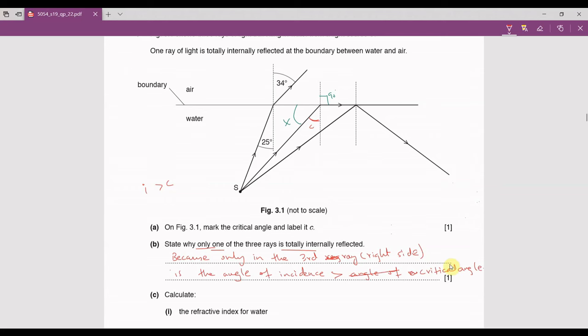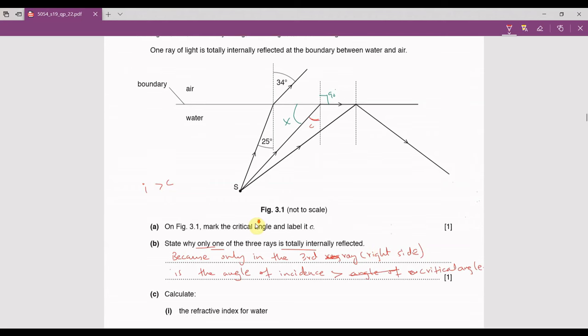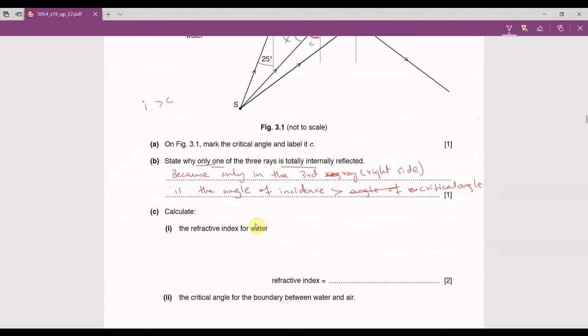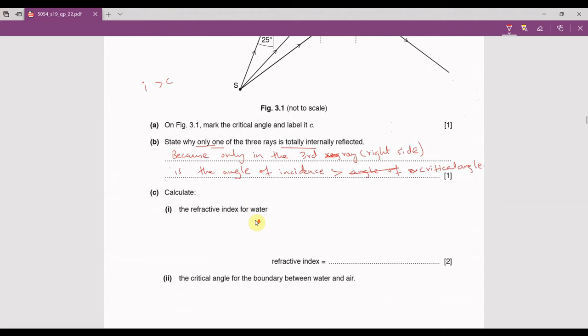So this condition has to be fulfilled, otherwise it's just going to be simple refraction. Okay, calculate the refractive index of water.